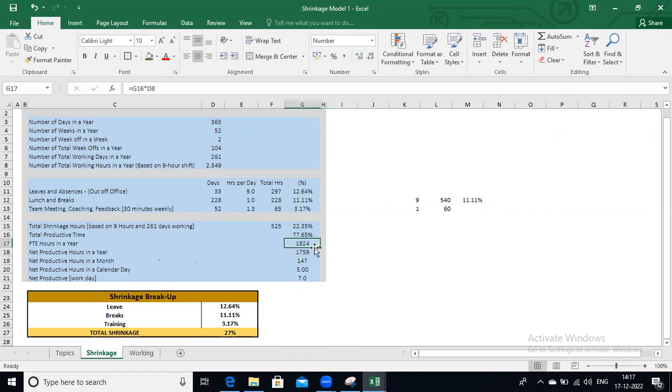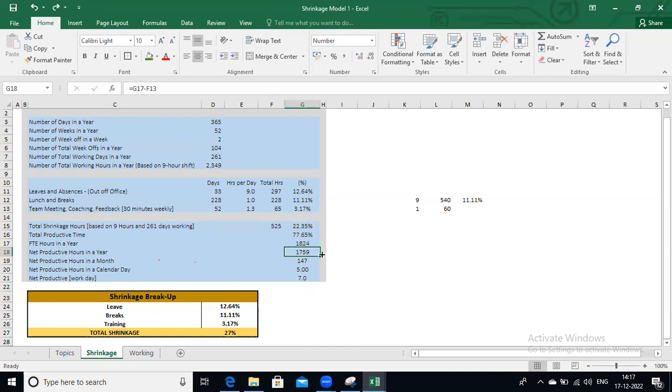So if we talk about one FTE, one FTE will be equal to 1824 hours for a year. Okay. But yes, if we talk about net productive hours, we will also reduce our meeting, coaching, feedback as well.